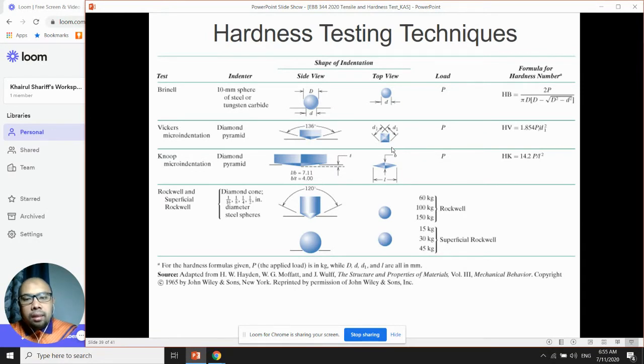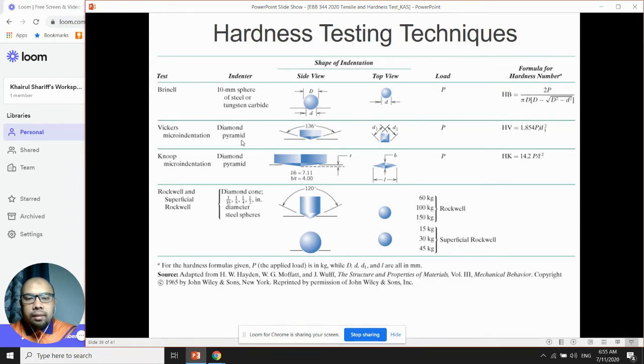The load might be the same, but the indenter shape and size might be different for each testing method. For example, for Brinell, the indenter must be a sphere, steel or tungsten carbide, with a certain diameter.